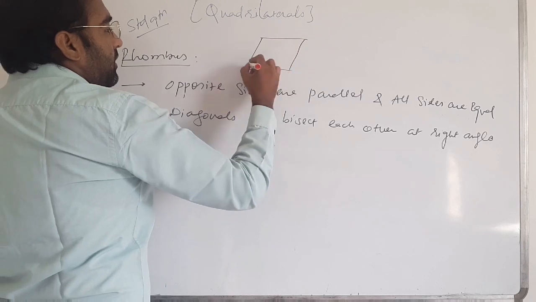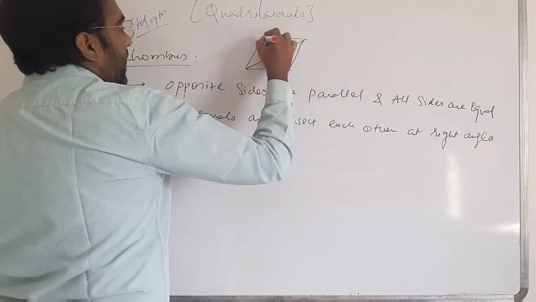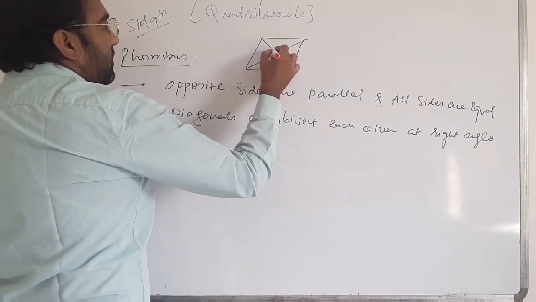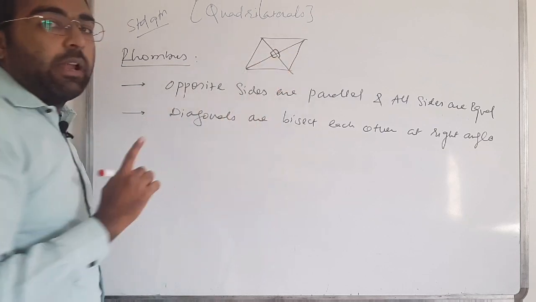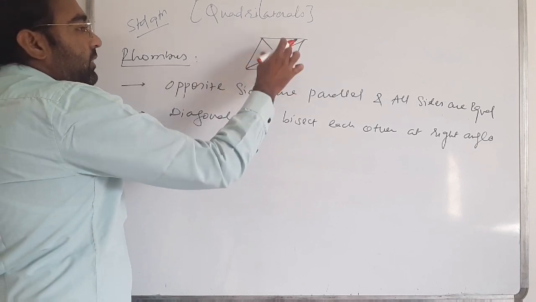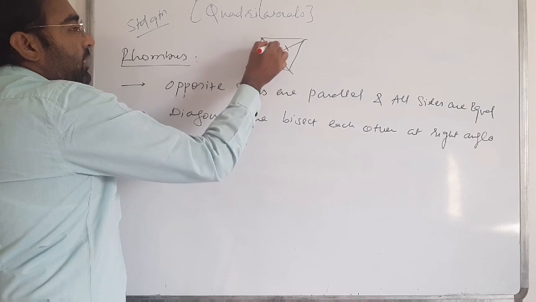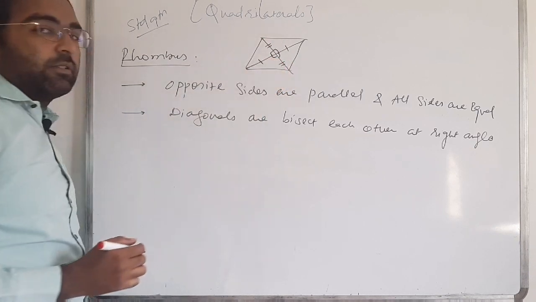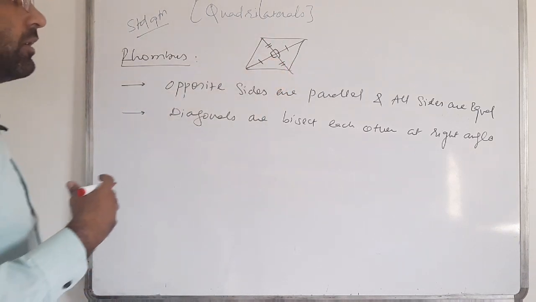This is a rhombus and these two diagonals bisect each other at right angle. That intersection point is 90 degrees. All the angles are 90 degrees here. This distance is equal to this and this distance is equal to this distance because they bisect each other.